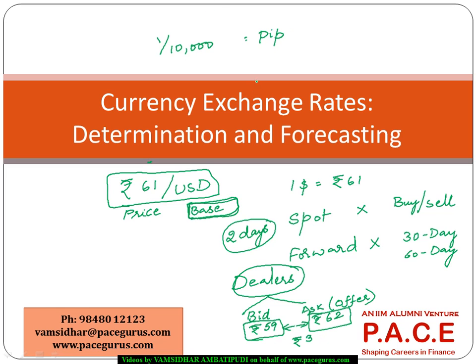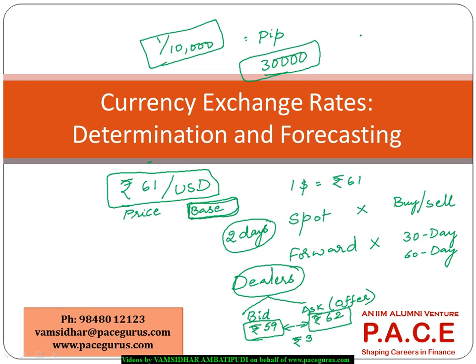In this case I could have shown it as 3 rupees, but otherwise it would be shown as 30,000 pips, because 1 by 10,000 is typically the pip. So the same 3 rupees between the buy price and the sell price would be expressed as 30,000.